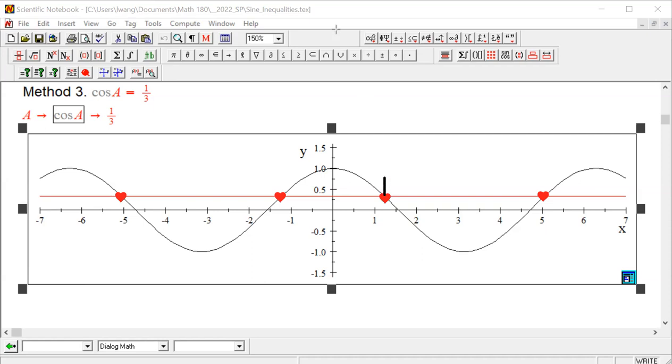Oops, not the red. I need the red, okay? The ratio is 1/3, okay? And the angle, what is this angle? Let me remove that heart, okay? It's kind of in my way.